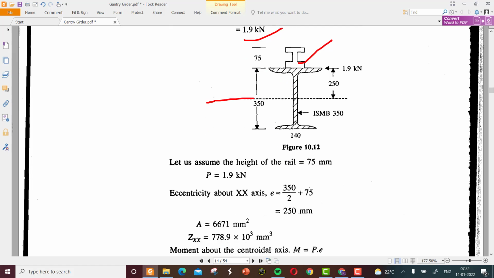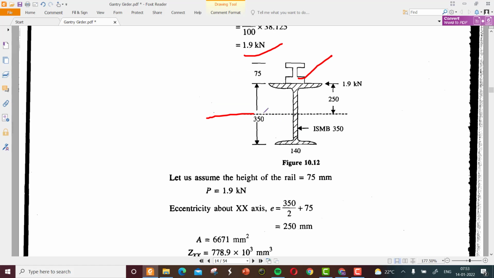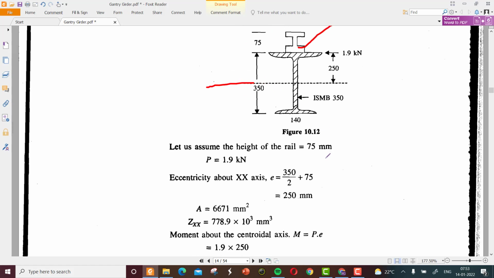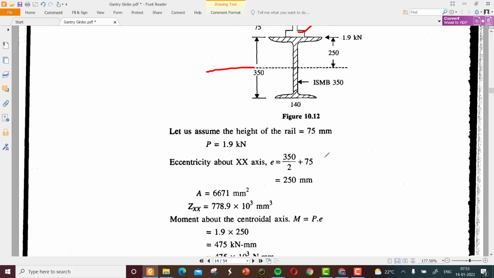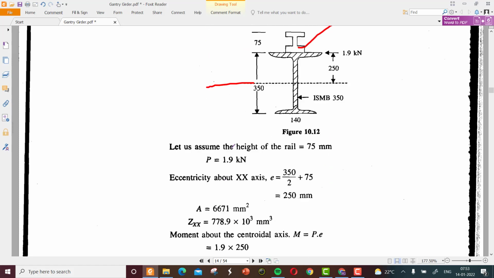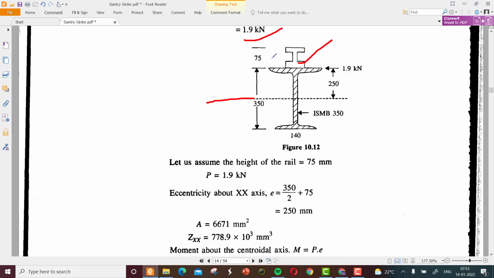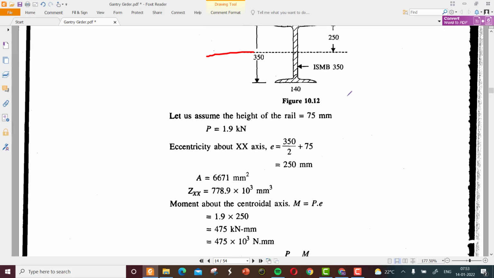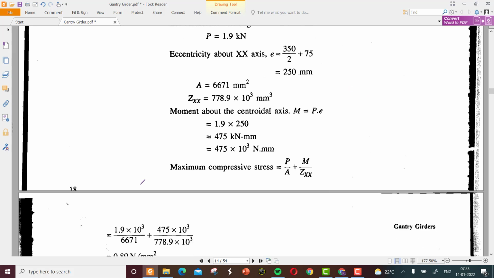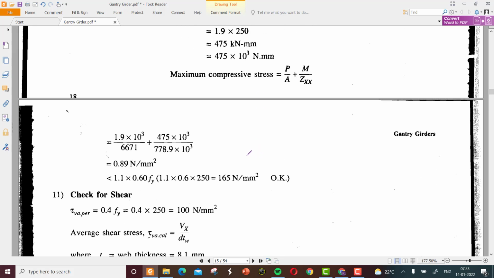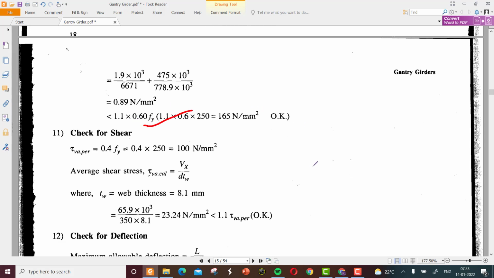Half will be 175, and we can find the bending moment about the cross section. The maximum compressive stress is given by 0.89, which is less than 1.1 times 0.66 into Fy.